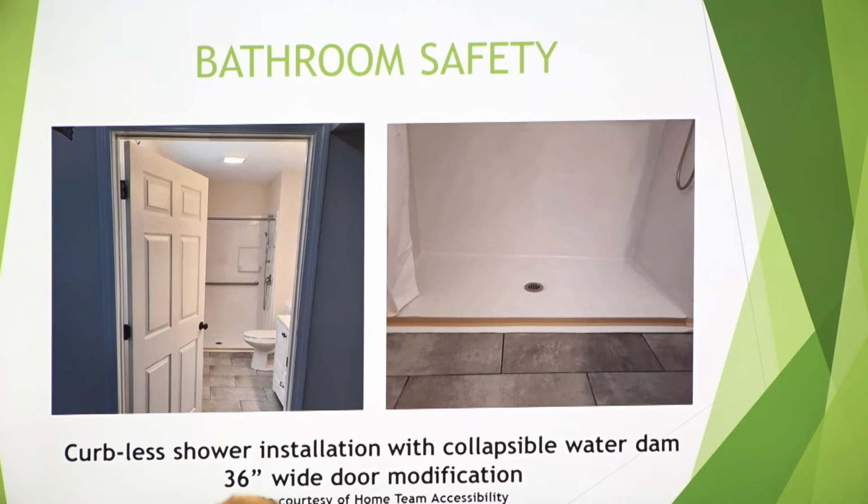You eliminate your bathtub basically. But if you have a standard bathtub, there's a company in Attleboro, Home Team Accessibility, that can help. That's the photo of what they've done to make the bathtub accessible and safer.